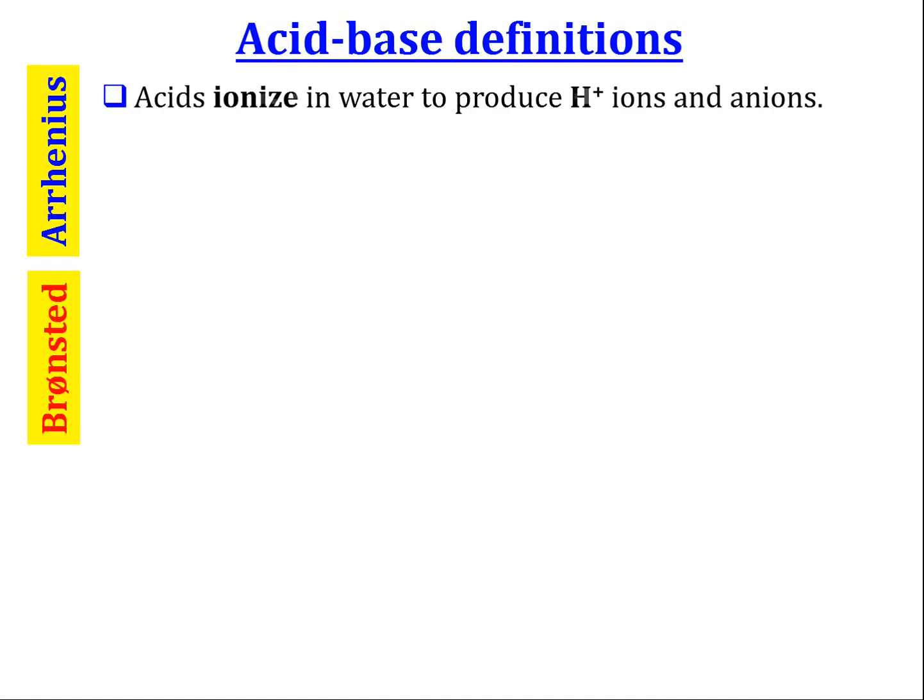According to Arrhenius, an acid is a substance that produces H+ in solution. For example, hydrochloric acid in the presence of water dissociates to H+ and Cl-. So HCl is a donor of H+, HCl is an acid.